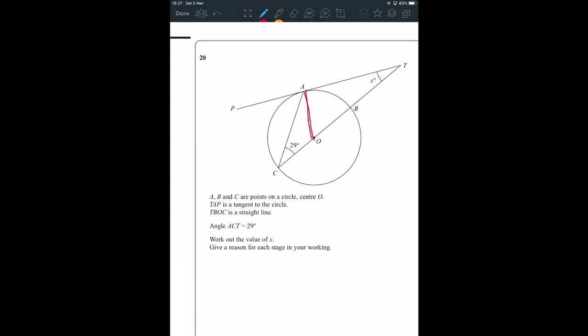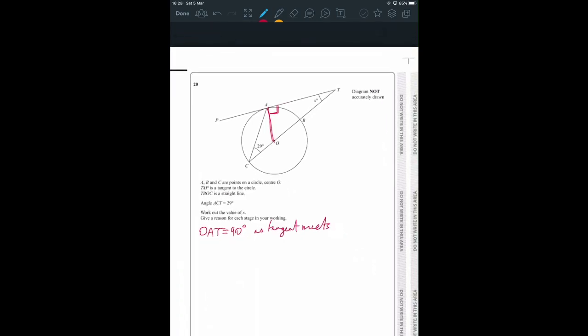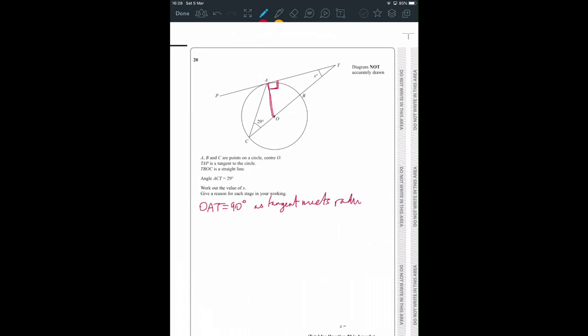And then we'll notice that OAT, well, that's a right angle there because the tangent meets the radius at 90. I've just worked out an angle, so I have to say that and give the reason. OAT equals 90 degrees as tangent meets radius at 90.